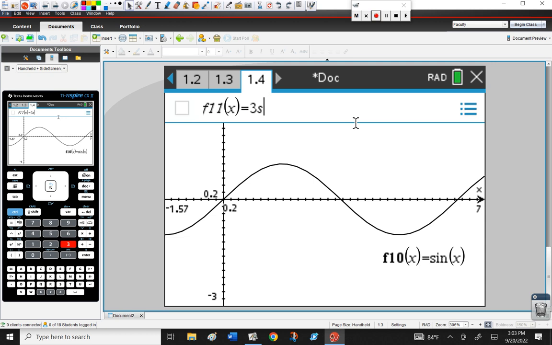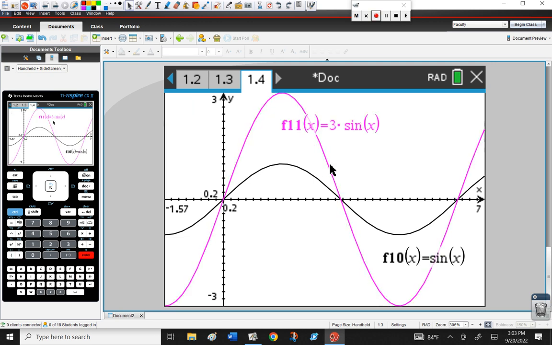And I want you to notice what that's going to do to the graph of sine. I'm not putting anything else. This graph only went up a little bit. Now this graph goes up 3 times as high. Okay? It goes up to 1, and then this one goes up to 3. But notice that it repeats itself exactly the same way the black graph does. It goes down and up.